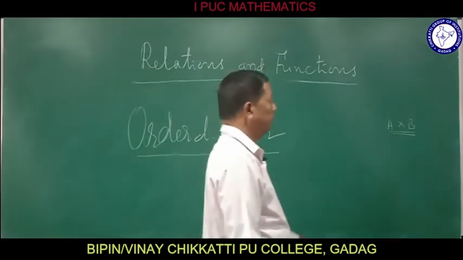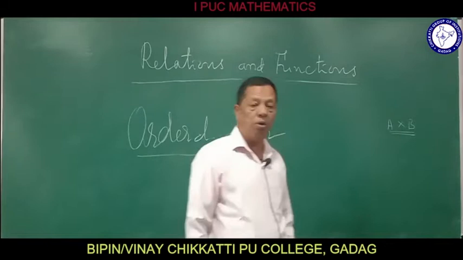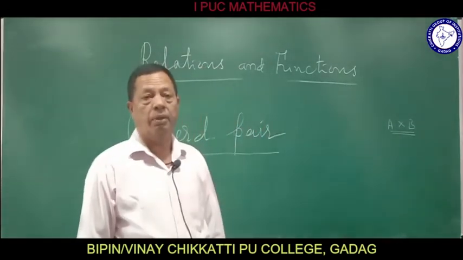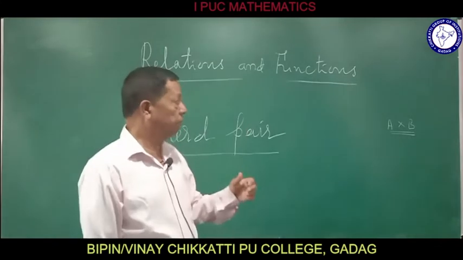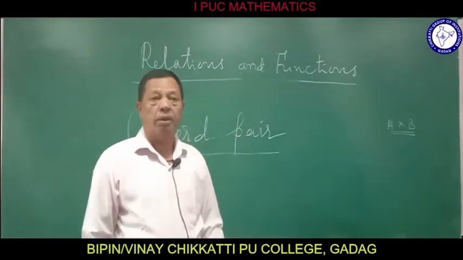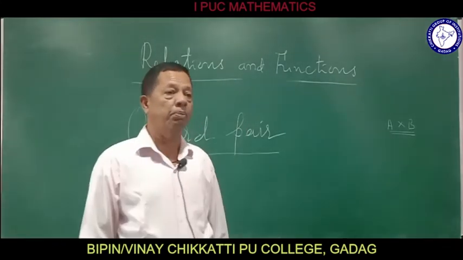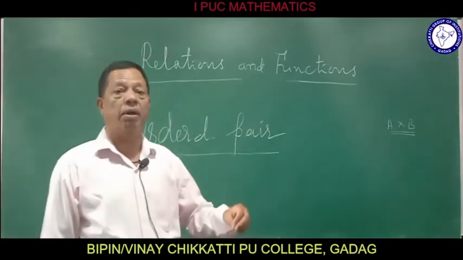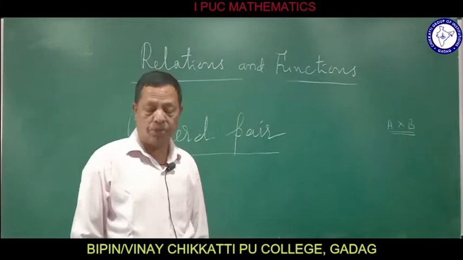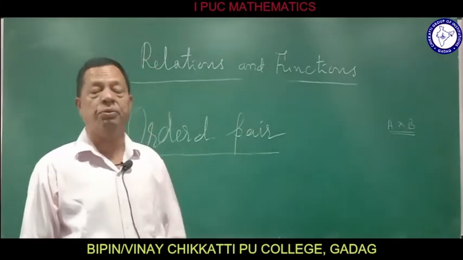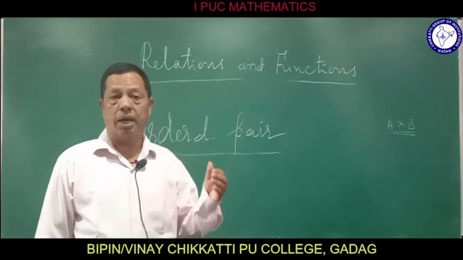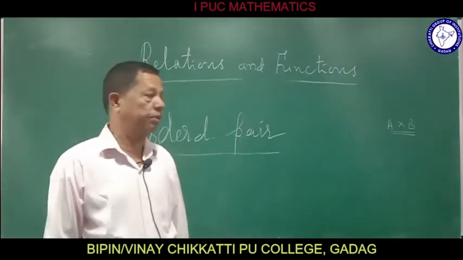Because this is related to coordinate geometry, analytical geometry, the other part of mathematics where we discuss the coordinates of points in a plane or in space. So Cartesian means coordinates.